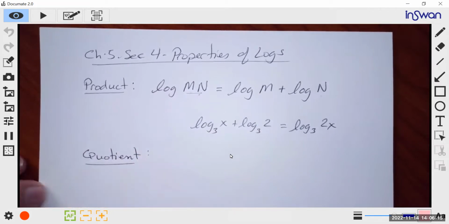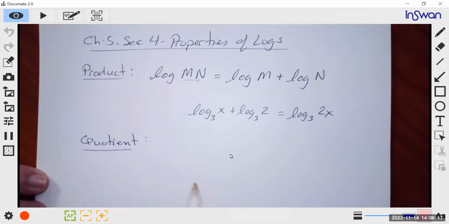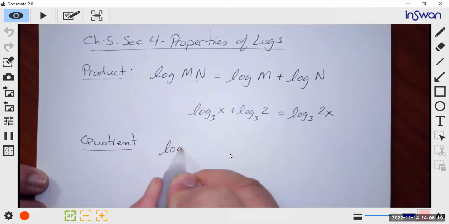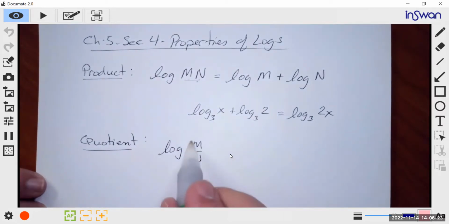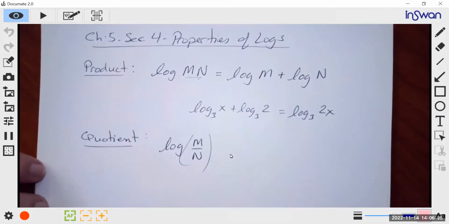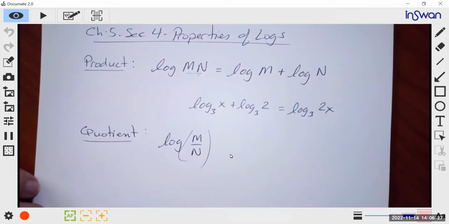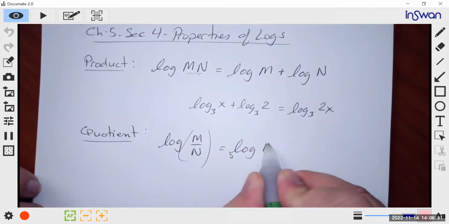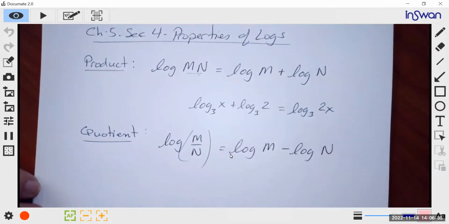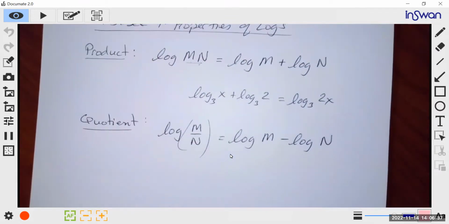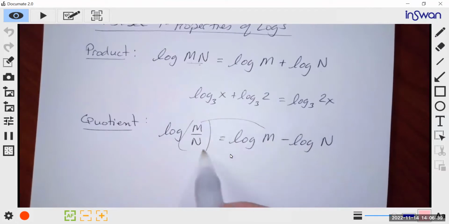The quotient property. If I'm taking the log of a quotient, a fraction, I can split them up by subtracting them: whatever's on top minus whatever's on the bottom.